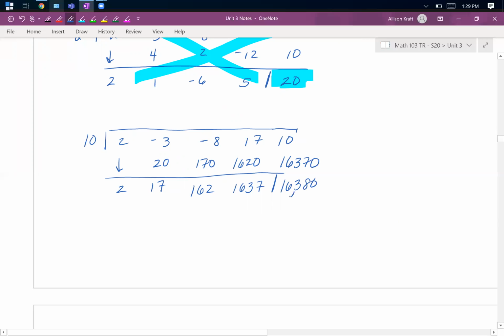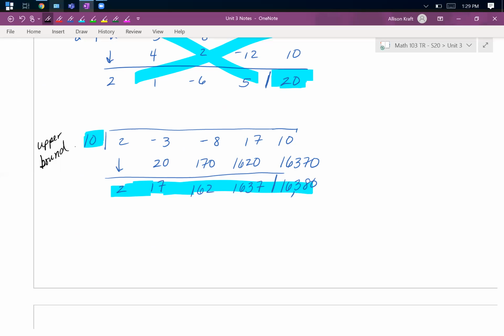But it does give me the opportunity to point something out to you. Notice that 10 is positive and all the numbers in the bottom row are positive. This tells us that 10 is an upper bound. Now I know it is the biggest number on our list, so of course it's our upper bound, but here we can see that rule in action. So if you are dividing by a positive and everything on the bottom is positive, that's an upper bound.